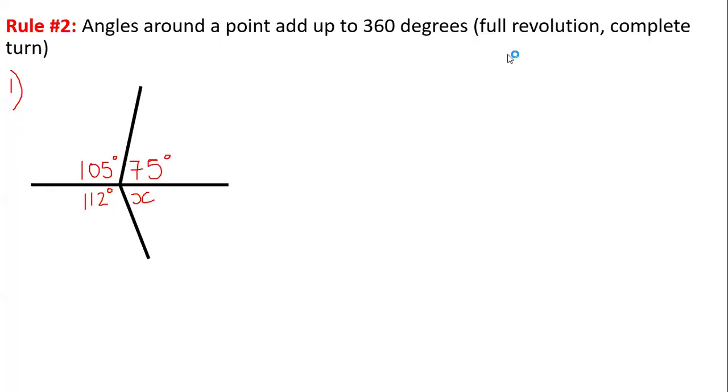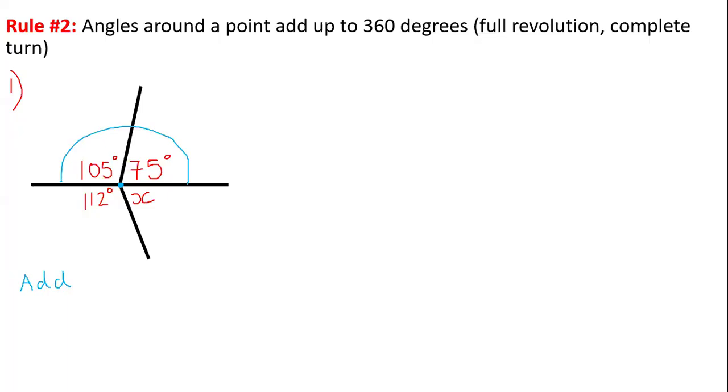Ranika, what does this rule say? Read the rule for me. Rule number 2, angles around a point add up to 360 degrees, full revolution, complete turn. Very good. So Ranika, what does this tell you about all of these angles?